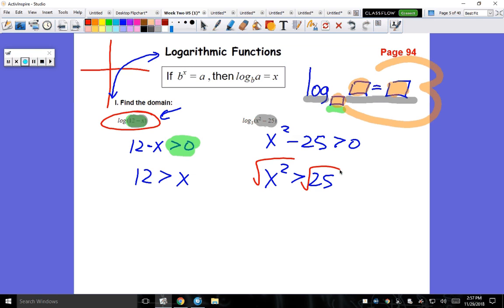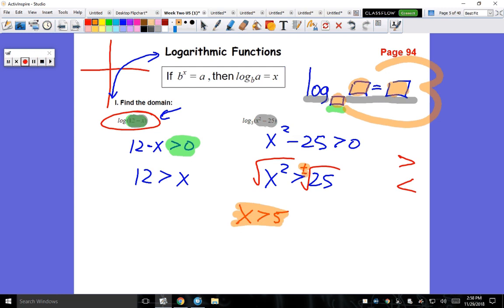Plus and minus. And the minus, when I divide or multiply with a negative, when dealing with these things, what do we do to those things? We flip them. So I have two answers here. I have x is greater than 5. That's the positive one. Let me highlight that for you. The positive answer is this one.